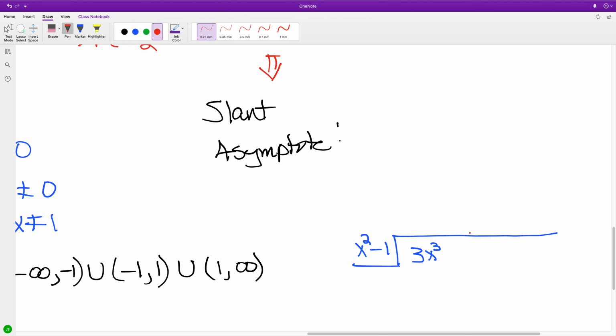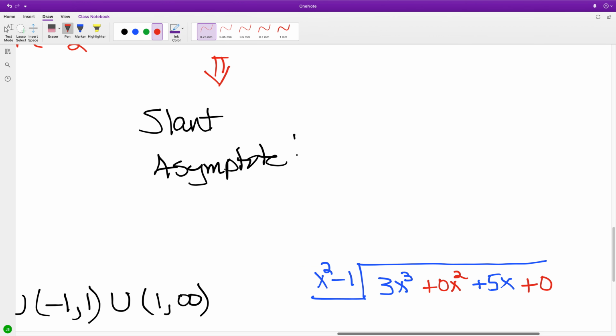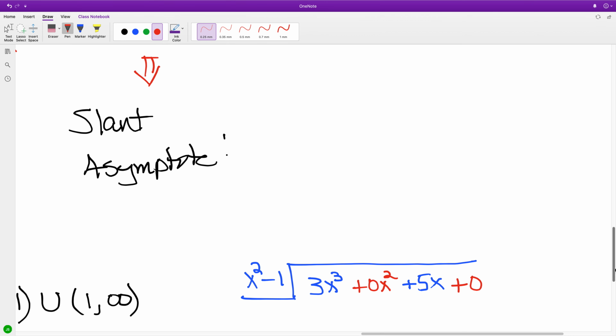Now, we're missing a square term, so I'm going to use 0 as a placeholder, and we have plus 5x. And the dividend has to conclude with a constant, so we'll use 0 for placeholder purposes.